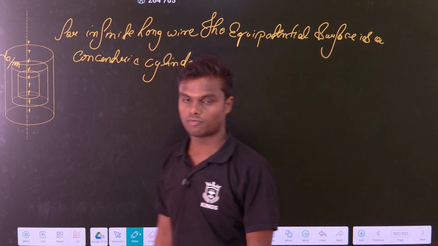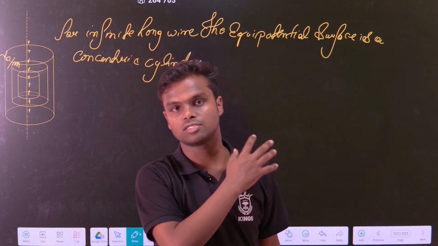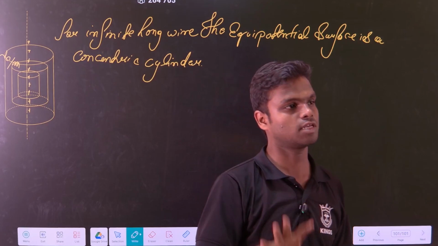Correct? So for an infinitely long wire, the equipotential surface is going to be a concentric cylinder. Clear?